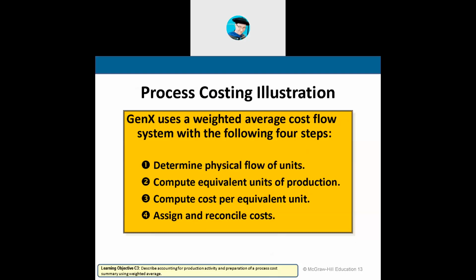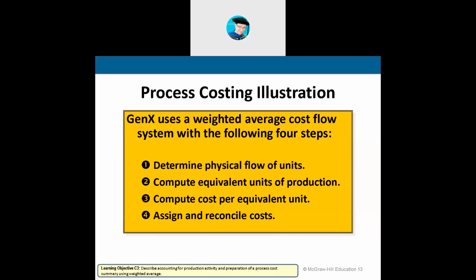I multiply that by percentage complete. If I use 100% materials, 20% labor, 20% factory overhead, those are my equivalent units of production. So it would be 10,000 plus 2,000 plus 2,000. That would be 14,000 units.